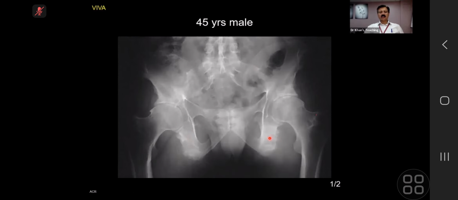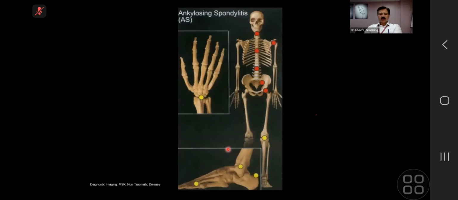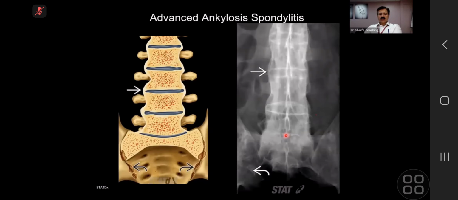And with that, there is enthesopathy. So because this is bilateral symmetrical, Eng-Spawn will be up there as your number one differential diagnosis. So this is the distribution of Eng-Spawn, and this is what happens. This is the annulus fibrosus. It will be symmetrical.